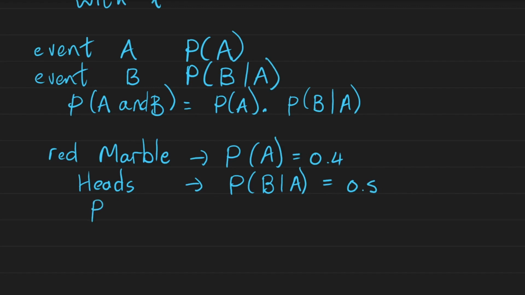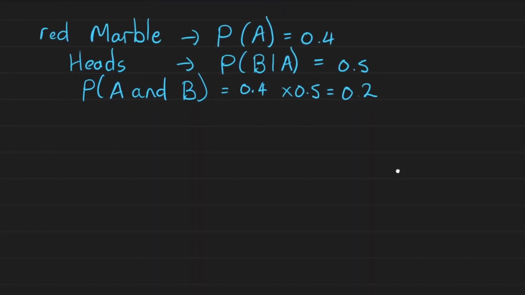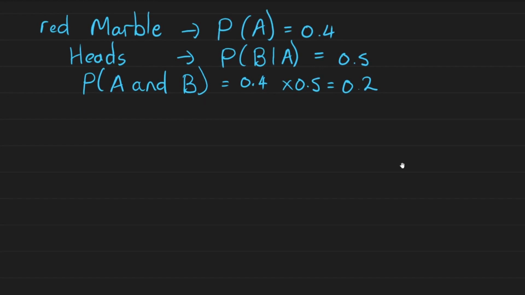So what is the probability of getting a red marble and getting heads after you thereafter flip the coin? Well, that would be just 0.4 times 0.5, and that's equal to 0.2. So this is important to understand when we derive this gambler's ruin problem, as you will now see.